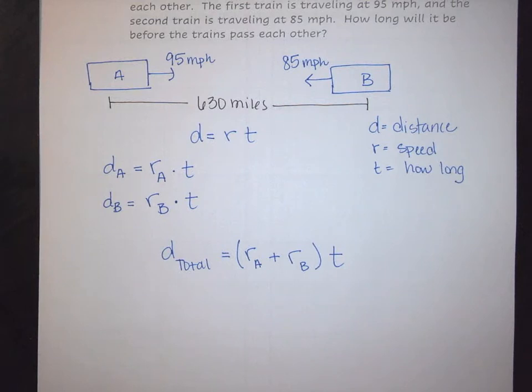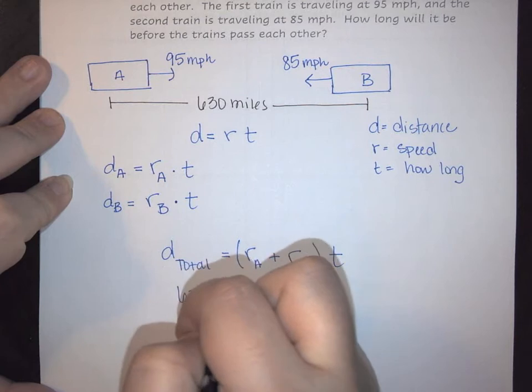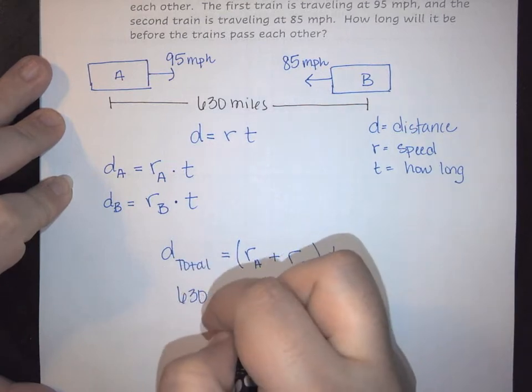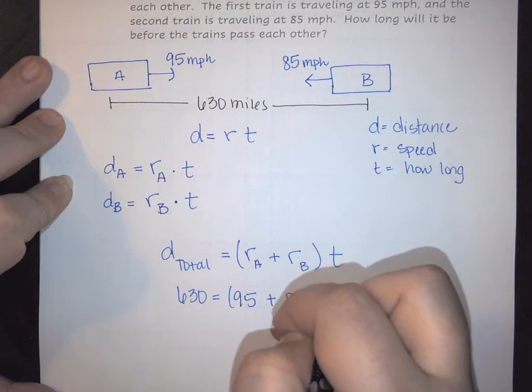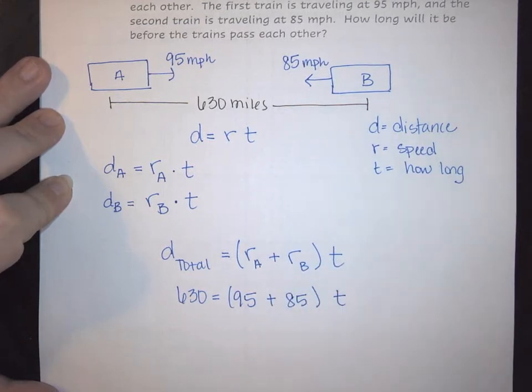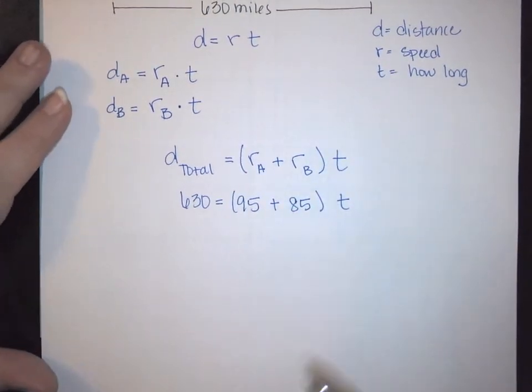Well, we know the total distance is 630 miles, so this becomes 630. My first rate was 95, my second rate was 85, and the time is what I'm looking for. So here I'm going to add 95 and 85 together, and I'm going to solve for t.